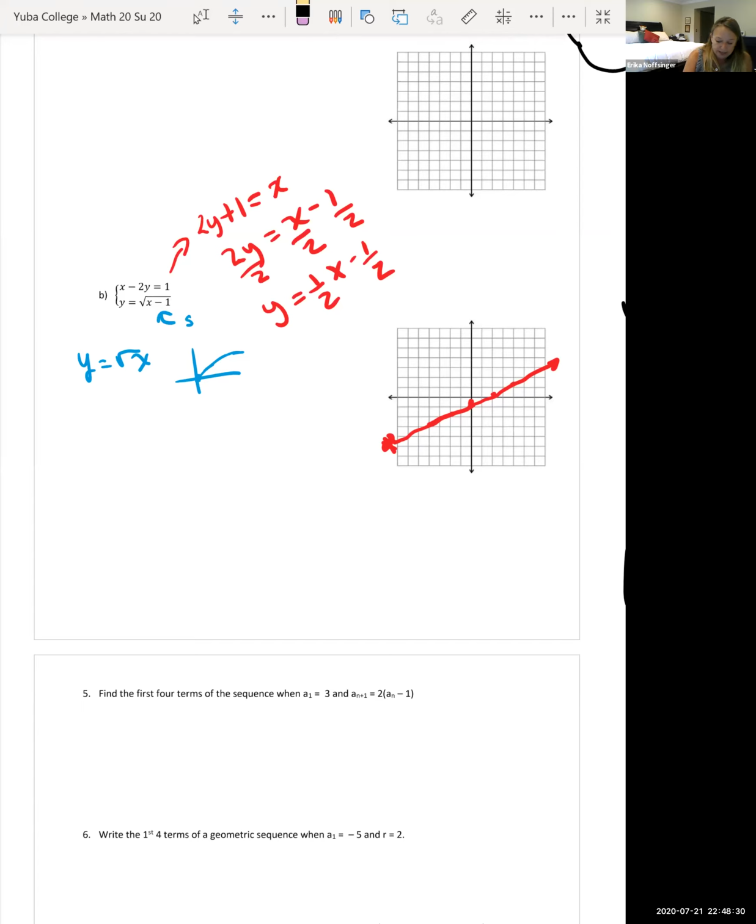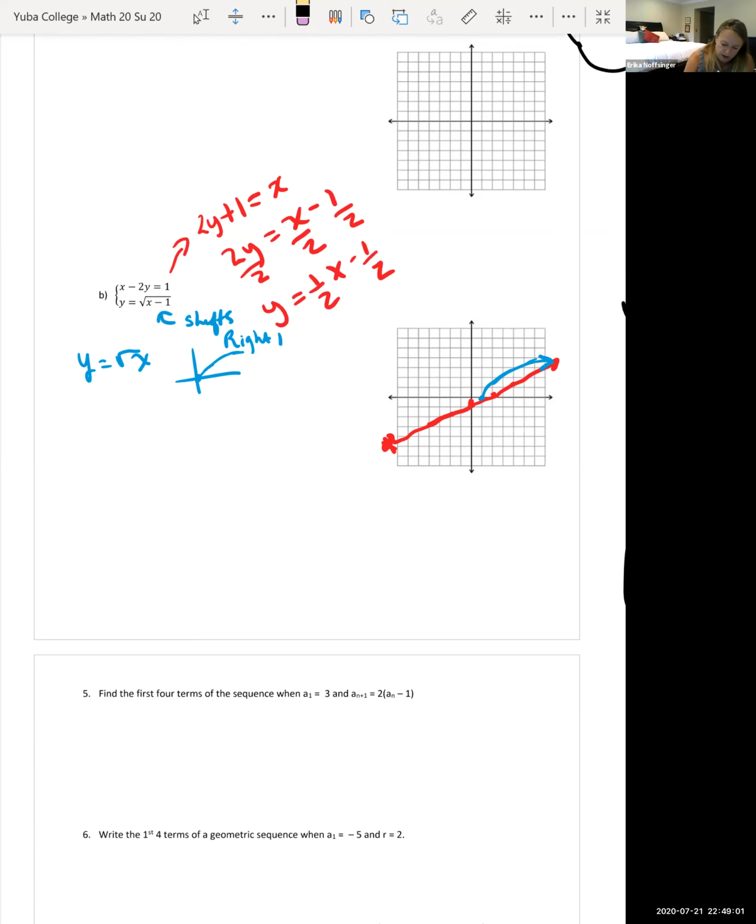It's with the x, so it shifts it horizontally, and it's opposite, so this shifts it to the right one. So instead of the point 0, 0, it's going to go over here, 1, and then it's going to look like this. I'm not exactly sure where this is going to intersect, but I can tell that it's in the first quadrant. So now we can solve.